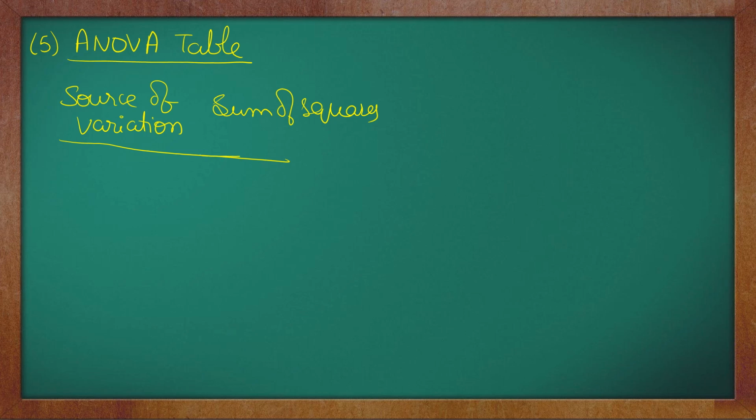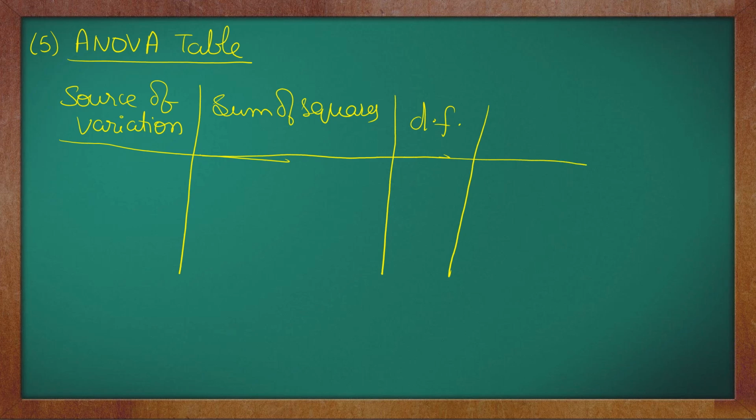Next, degree of freedom. We have 2 degrees of freedom in this question. Then mean square. This is our ANOVA table.